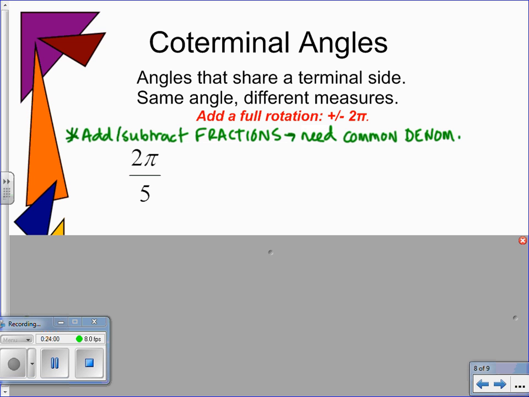So we'll start with 2 pi over 5, and we want to find coterminal angles. We'll go under the same set of rules as yesterday, which is when you're finding the coterminal angles, you should find one positive coterminal angle, and you should also find one negative coterminal angle. So 2 pi over 5 is my initial angle measure.